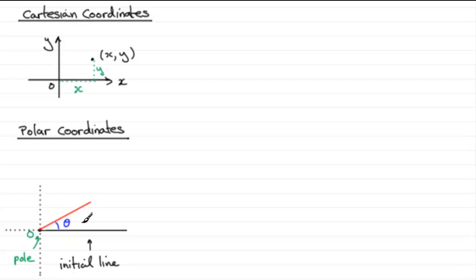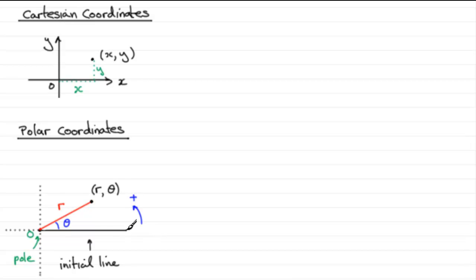And we have to define a positive sense, and the positive sense is always taken as anti-clockwise. So this length here is referred to as r, and our angle here is theta. So this point on the end here, instead of having coordinates x, y, has coordinates r, theta, written in that order.